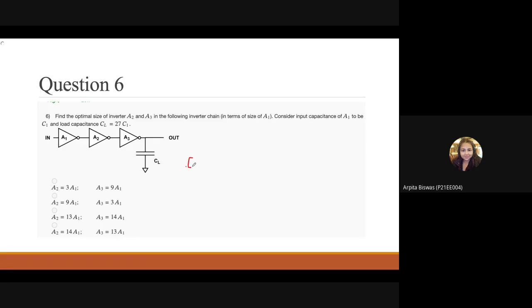CL by C1 has to be evenly distributed across n stages.